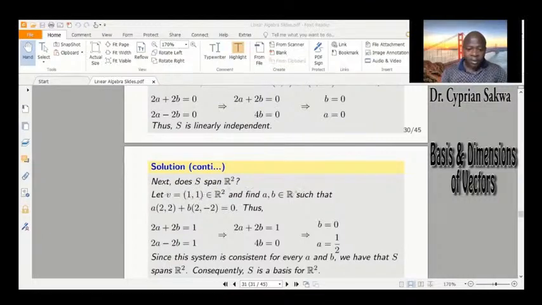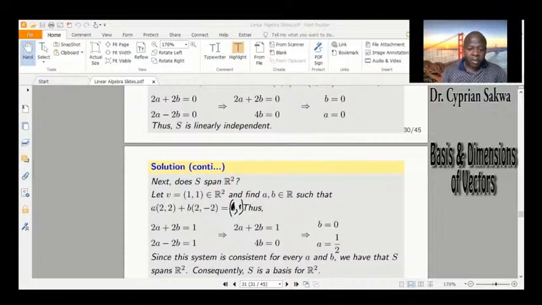So I've chosen this vector, 1, 1. I want to see whether this vector that I've chosen here can be written as a linear combination of those two vectors in S. In other words, can I obtain scalars A and B such that A times the first vector plus B times the second vector gives me 1, 1?